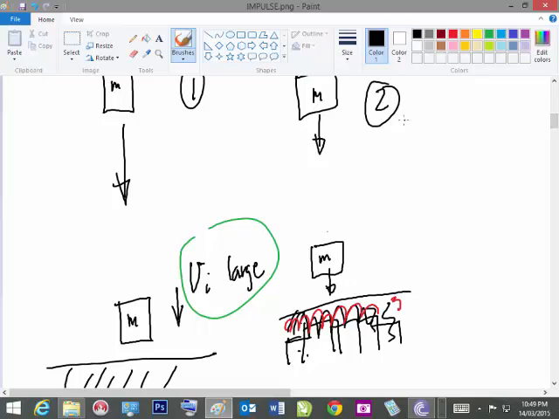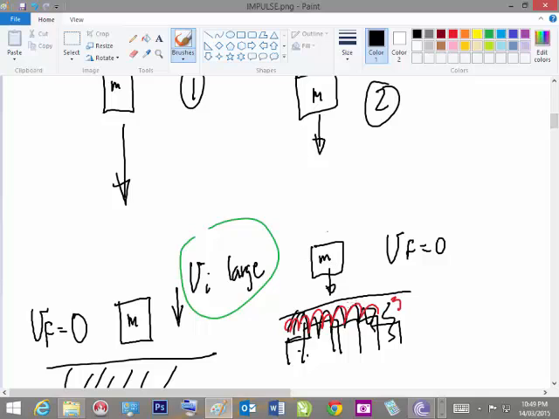Now, let's look at the first case first. When it hits the ground, it's going to come to a complete stop, so the final velocity is going to be 0. Same in the second case, the final velocity is going to be 0.